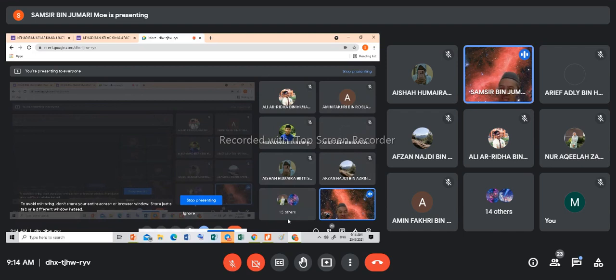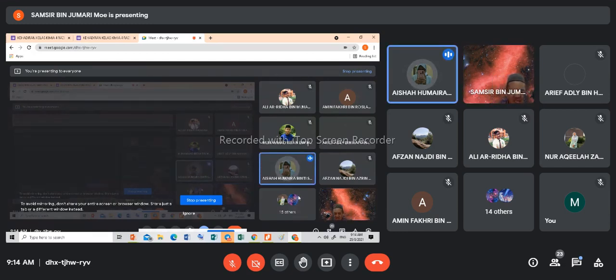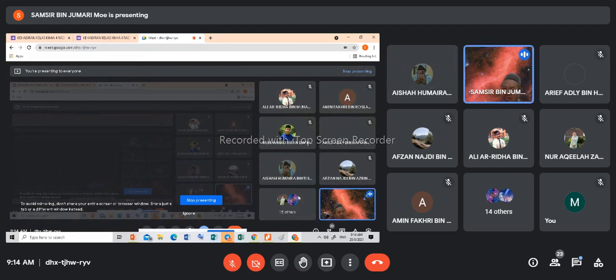So other than that, all the carbonate salts are insoluble. So give me any example of carbonate. Sodium carbonate. Sodium carbonate is one of the absorbed salts.